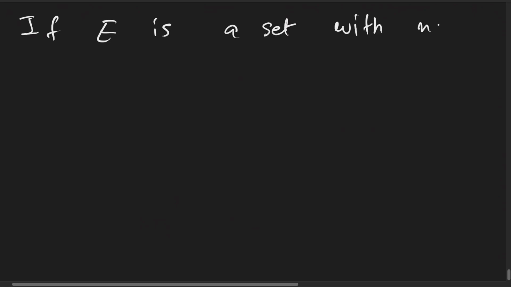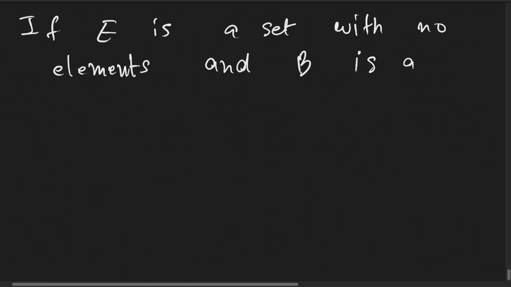Consider this statement: if E is a set with no elements, and B is any set, then E is a subset of B. Now just a quick refresher on what a subset is.